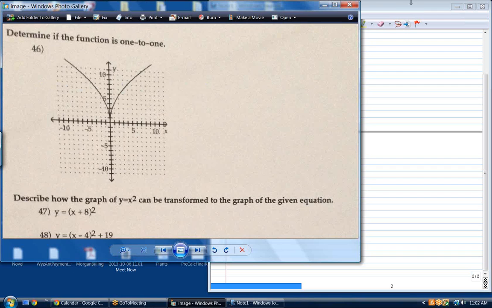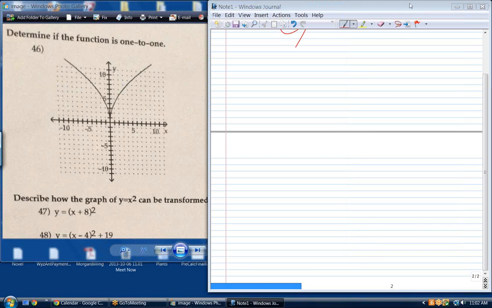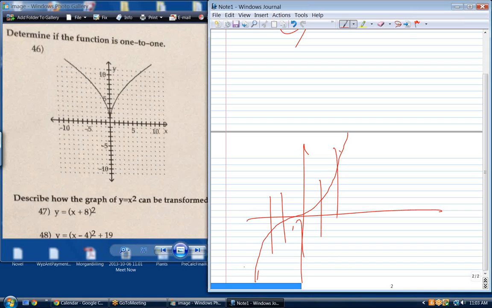Something that would be one-to-one would be this. Notice that's y equals x cubed, and it passes the vertical line test and also passes the horizontal line test.